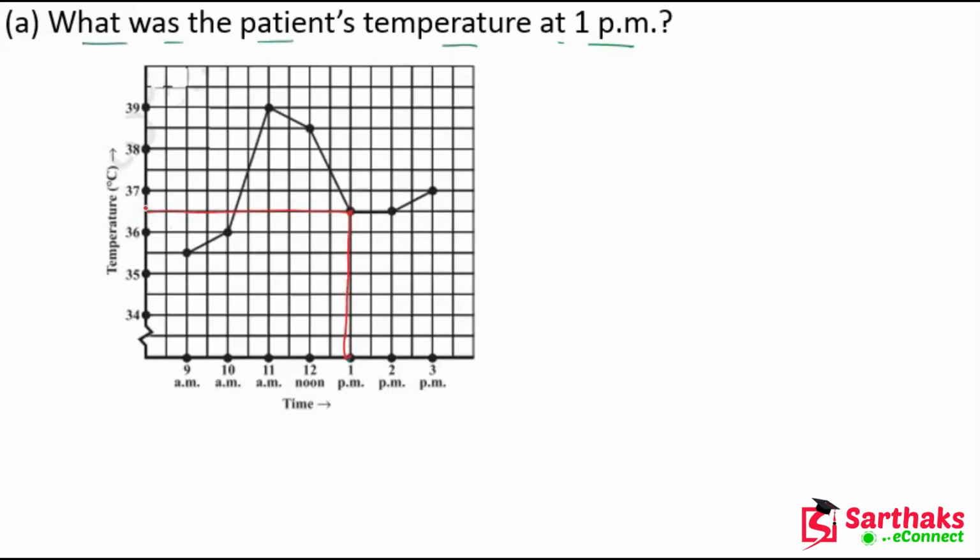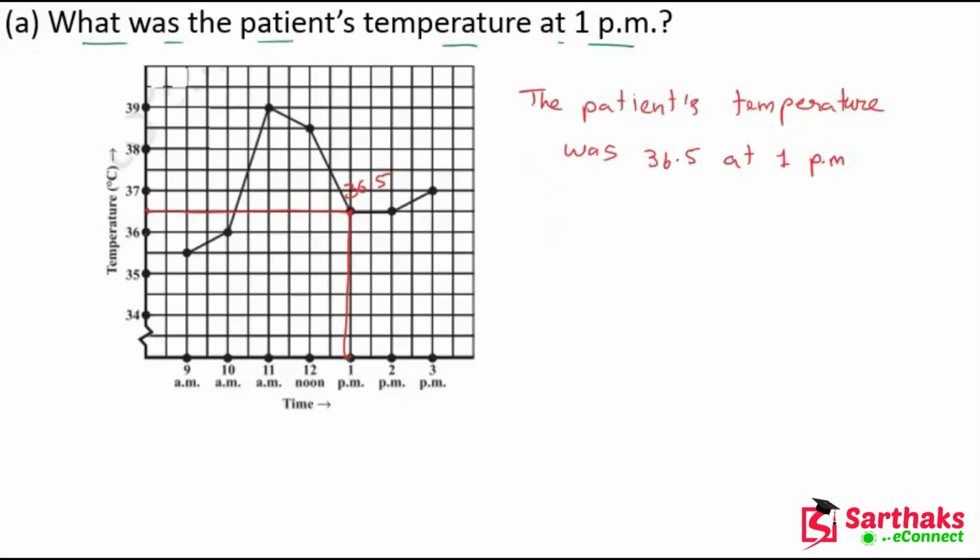This is in between 36 and 37, so it is 36.5. So here we can write: the patient's temperature was 36.5 at 1 p.m.